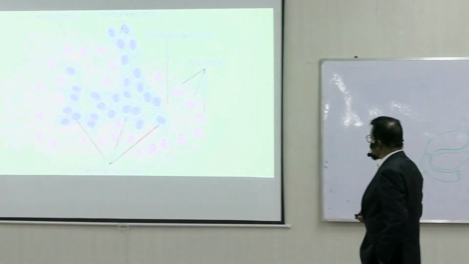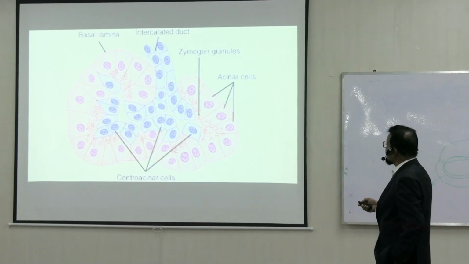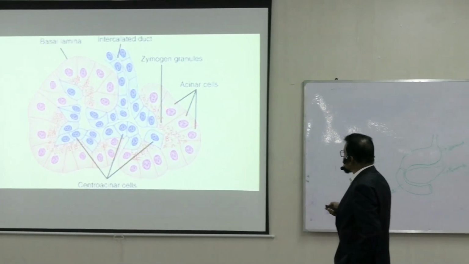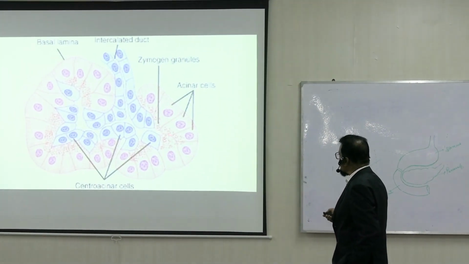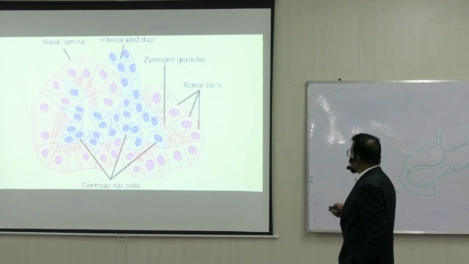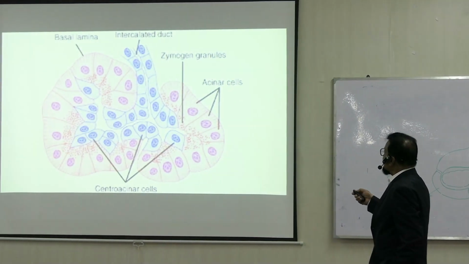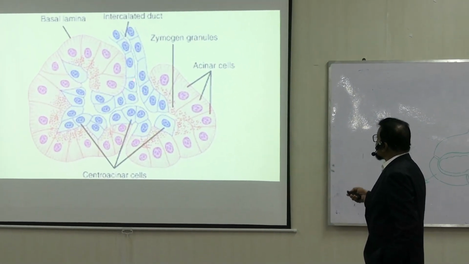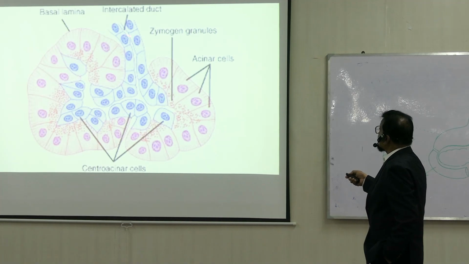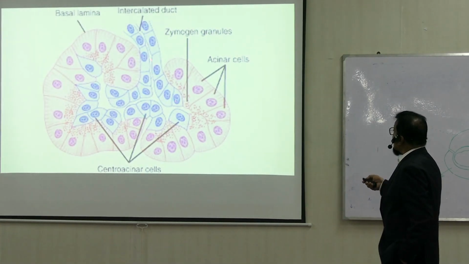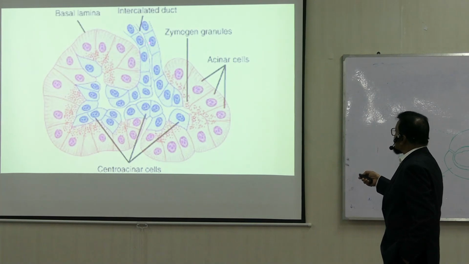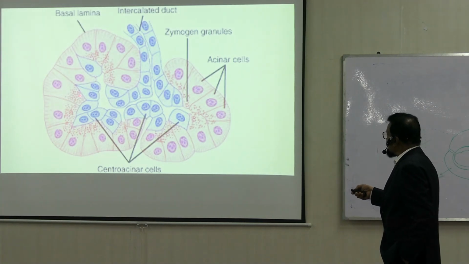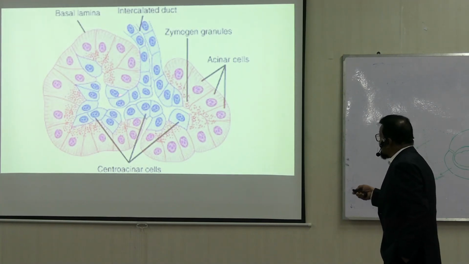So these are the acinar cells. They will be secreting different types of enzymes. These are the zymogen granules, and this is the nucleus of the cells, highly active. And these are the duct cells. Some duct cells will be present within the acini.